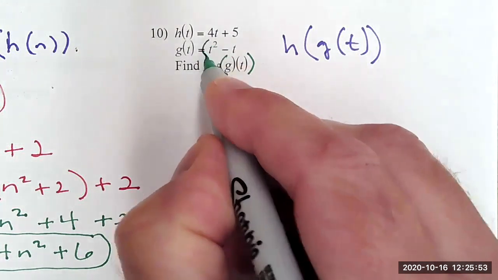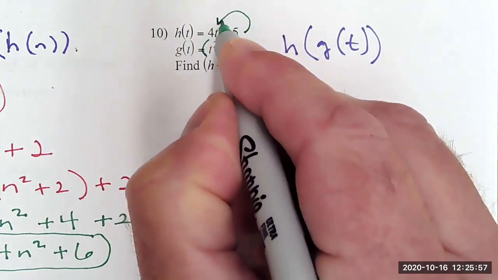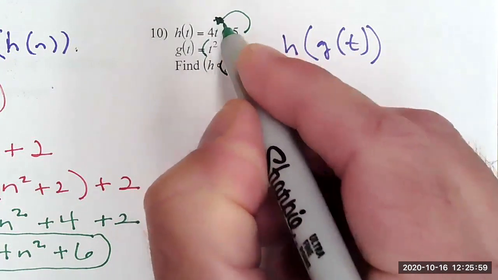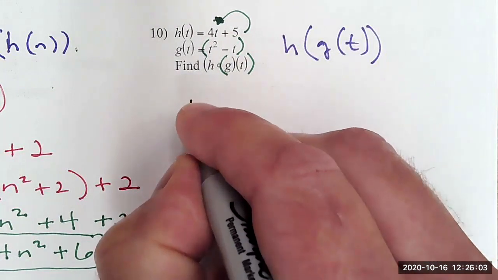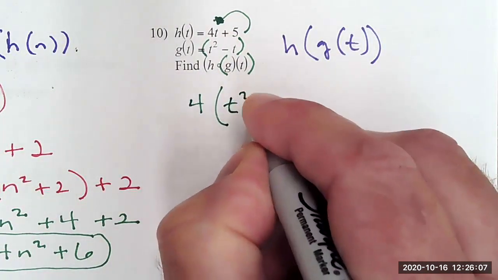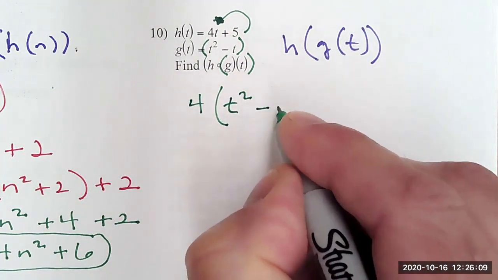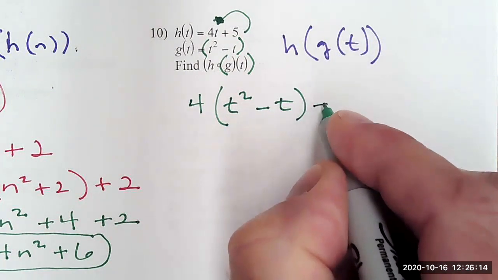So put parentheses around g of t, put that in for t in function h. And I should have 4 parentheses t squared, subtract t, close parentheses, and then finish it off, plus 5.